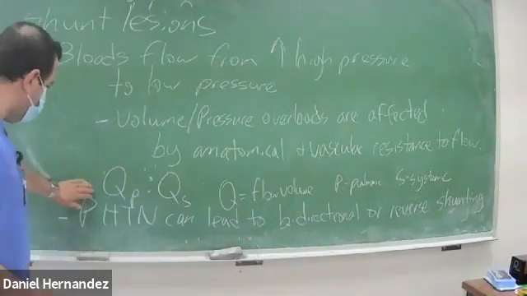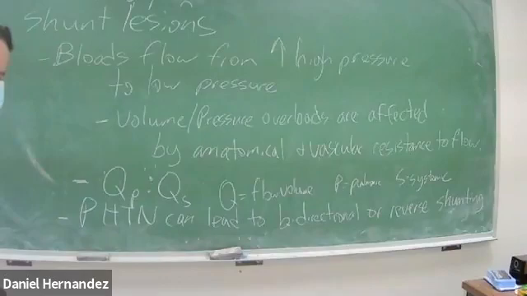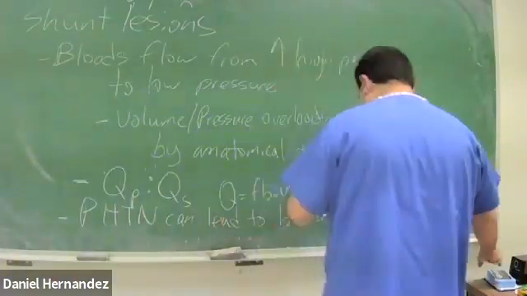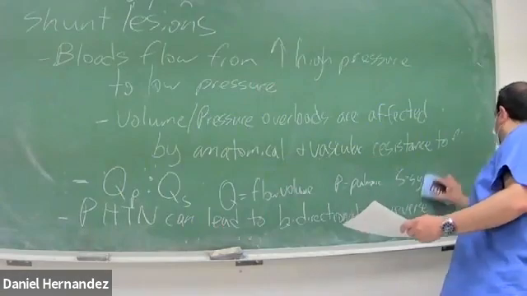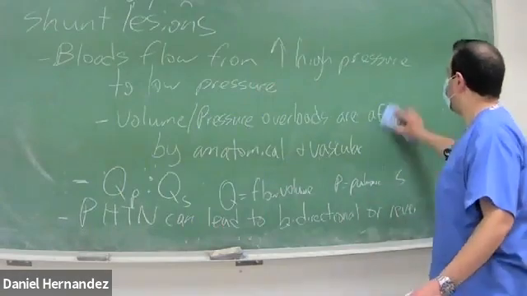We're going to talk a little bit later about that QP to QS ratio. Let's get into some of the different types of shunt lesions. We'll start with our atrial septal defects.